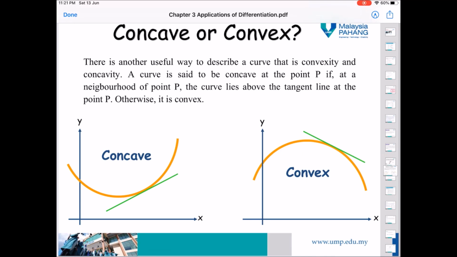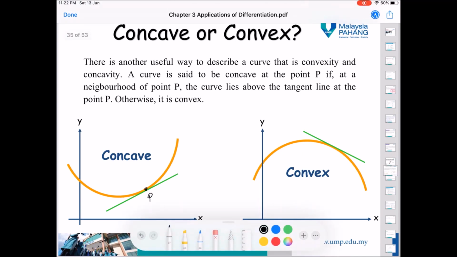So this is concave and convex. There is another useful way to describe a curve, that is convexity and concavity. A curve is said to be concave at the point P if, in the neighborhood of point P, the curve lies above the tangent line at the point P, otherwise it is convex.